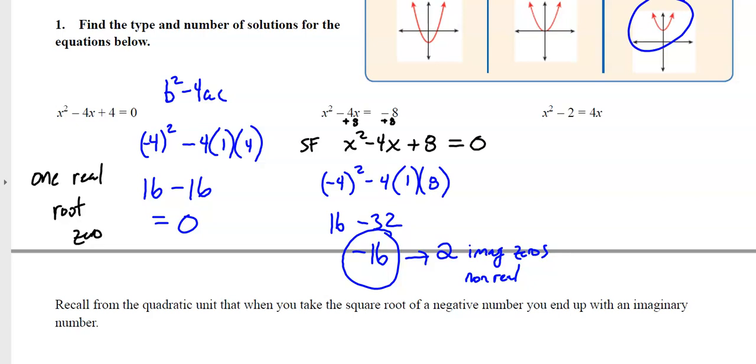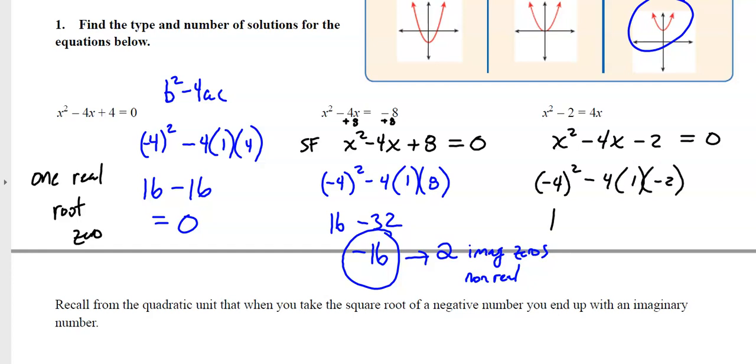All right, next one, let's get this in standard form. X squared, we're going to move the 4x over. The negative 2 is okay. Call that 0. So here we have b squared minus 4 times a times c. So that's 16. And then negative 4 times 1 times negative 2, well, that's a plus 8.